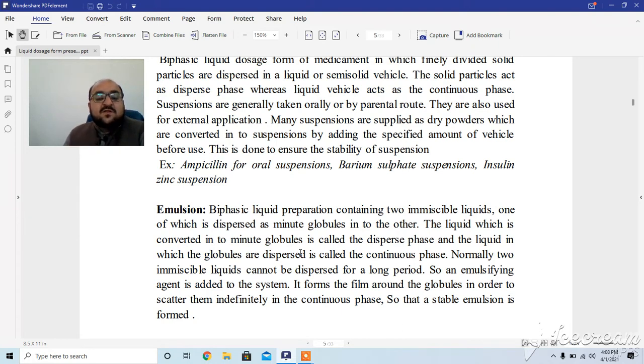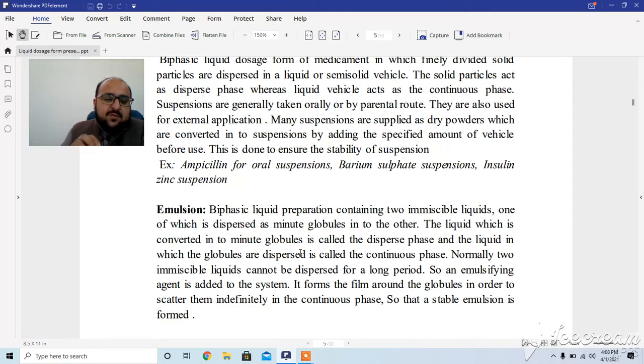The liquid which is converted into minute globules is called the dispersed phase, and the liquid in which the globules are dispersed is called the continuous phase. As we have already talked about the biphasic dosage form, this is a two-phase system in which one phase is called the dispersed phase, in which the solid particles are dispersed in a dispersion medium.